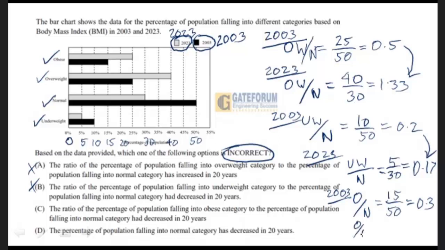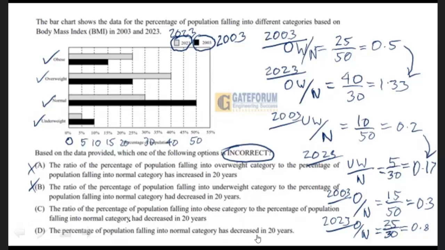And obese by normal in 2023, the gray one, would be 25 divided by 30, so that is 5 by 6, which would be approximately 0.17 into 5, so 0.8, something like that.